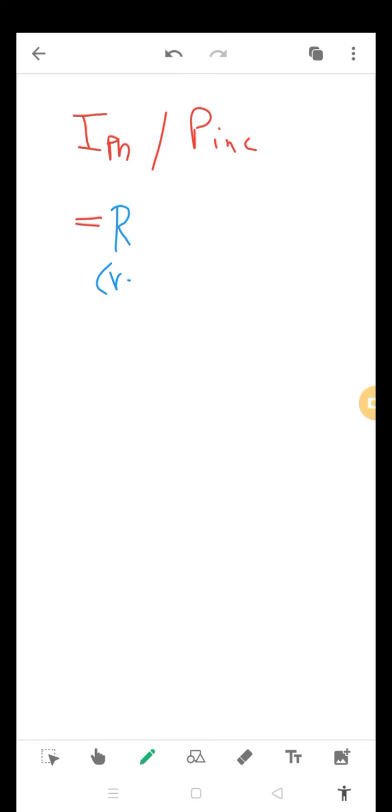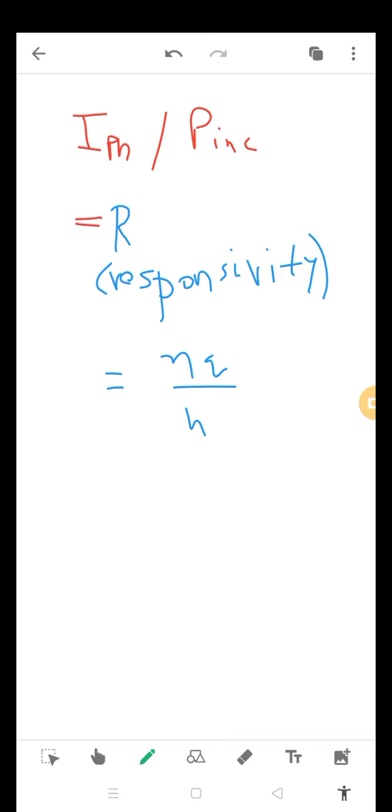R stands for responsivity, and it is also equal to eta q by h nu, or putting in the terms, eta lambda divided by 1.24. It is measured in amperes per watt.